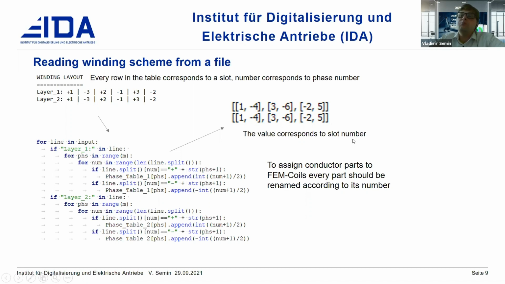the winding scheme can be transformed to a different format where the values correspond to slot number, and the 3 groups here are phases, and 2 lines are layers, 2 different layers.